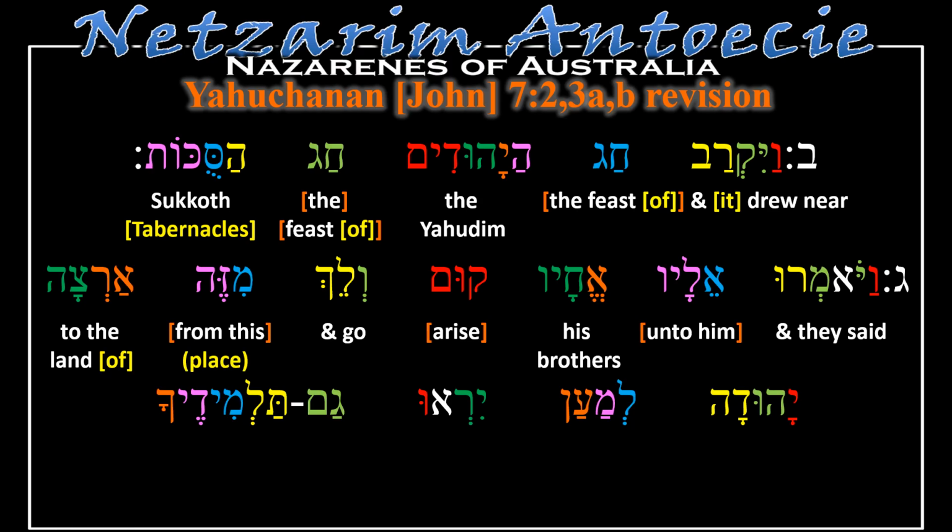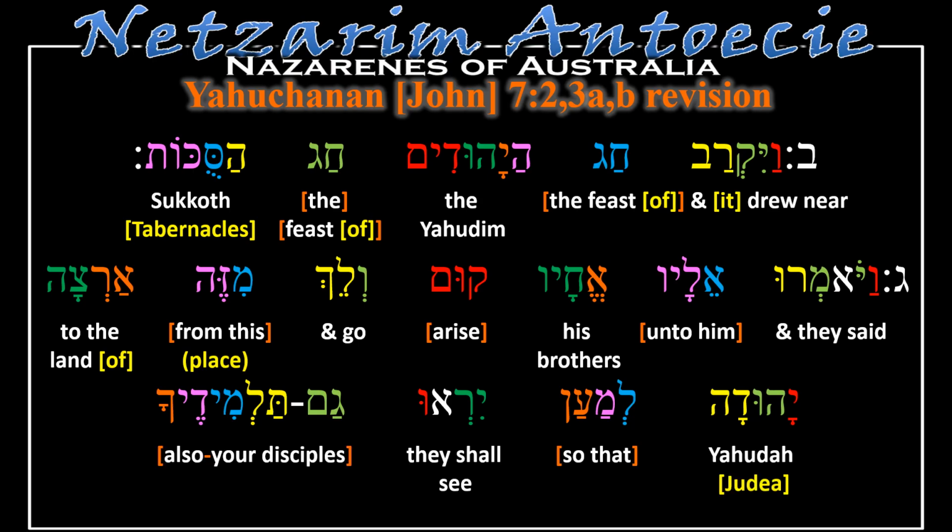And they said unto him, his brothers, arise and go from this place to the land of Yehuda, Judea, lema'an, so that yiru, they shall see, gam, also, talmidecha, your disciples. So that they shall see also your disciples.